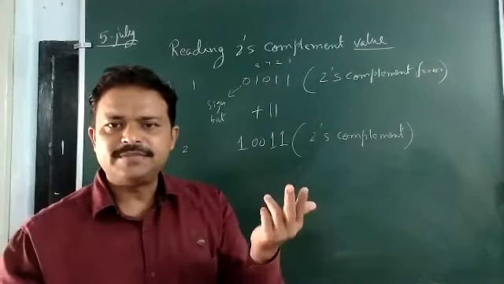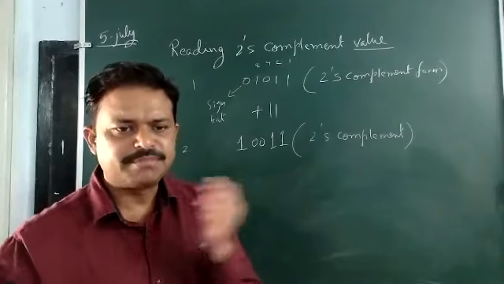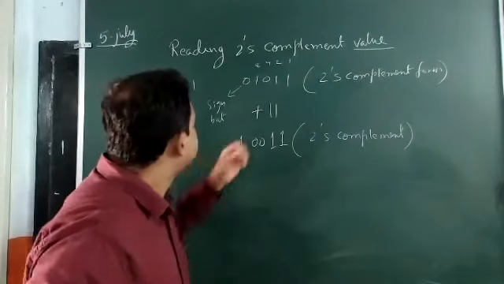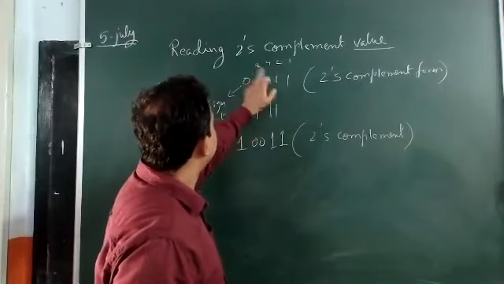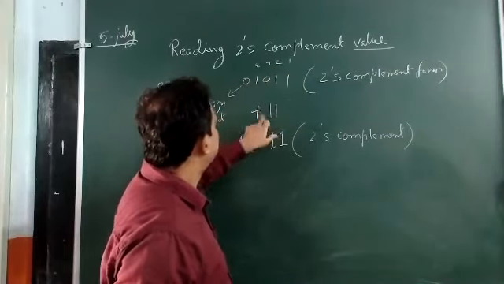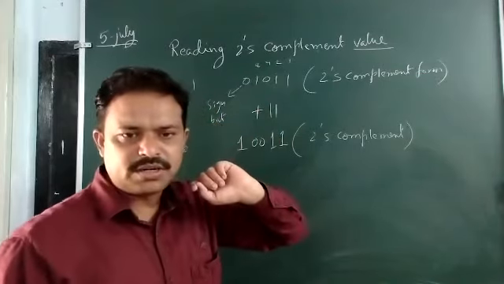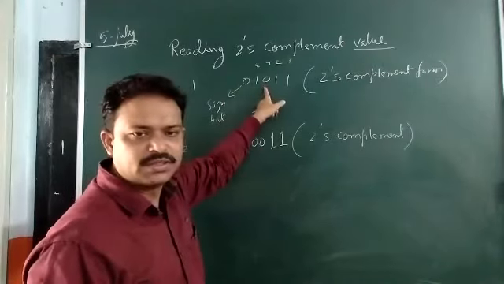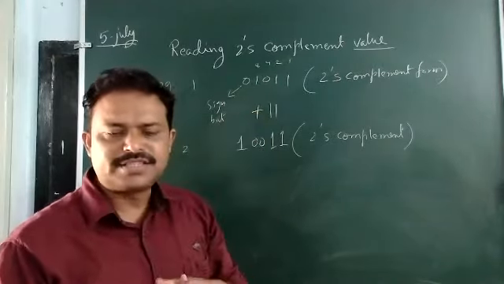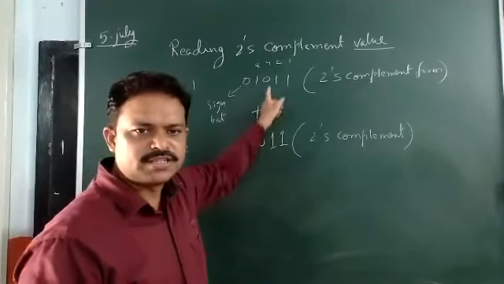Akash Singh is telling everyone plus 13. 8, 9, 10 plus 1, 11. Which value are you telling, for this value or for this value? Akash Singh is telling plus 13 answer. For this or for this?